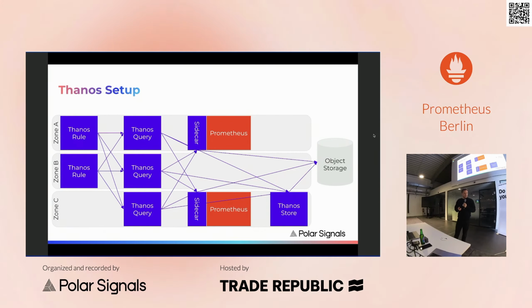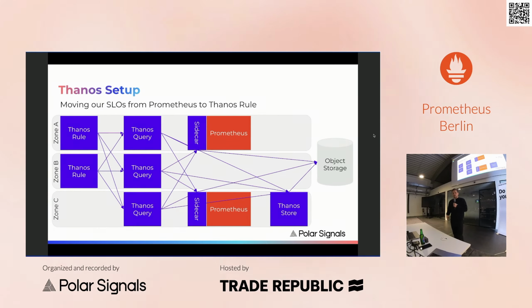We have a Thanos setup, and then basically we decreased Prometheus's retention from, I think, 33 days down to 3 days. So Prometheus only had 3 days of data on its disks, just to make it more lightweight, because we don't want 30 days of data in Prometheus plus everything else in Thanos.